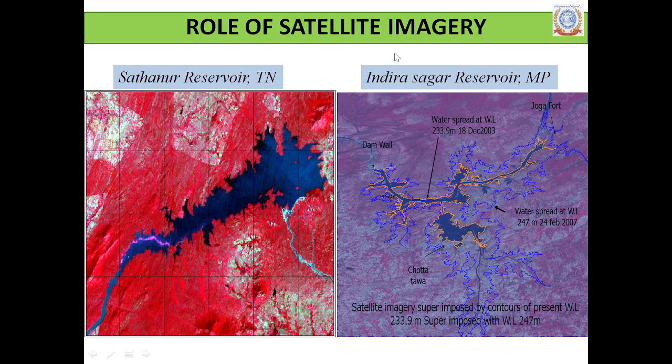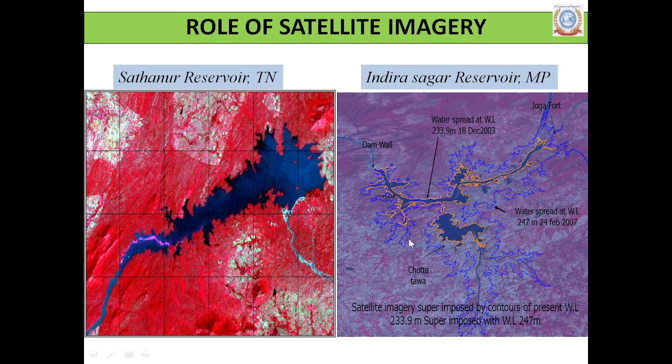Okay, so the role of satellite. Here, see how the satellite data and our bathymetry merge together. Both are not competitors. Both are complementing agencies. This is the Indira Sagar reservoir, having about 900 square kilometer water spread, which I could acquire from satellite imagery, IRS imagery actually.